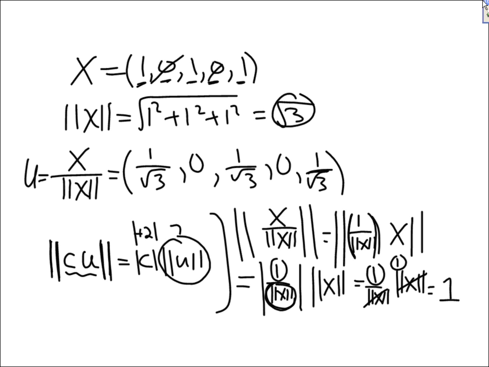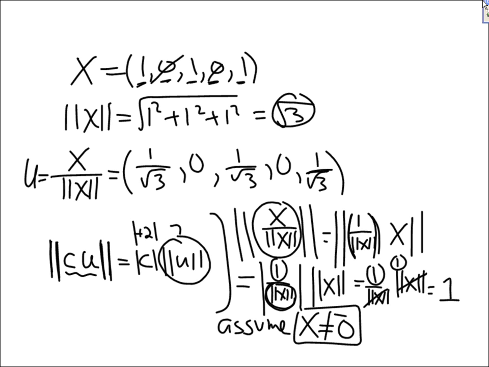Provided that vector x, this is only if x is not the zero vector. Assume x is not the zero vector. And the length of x over the length of x is honestly 1.